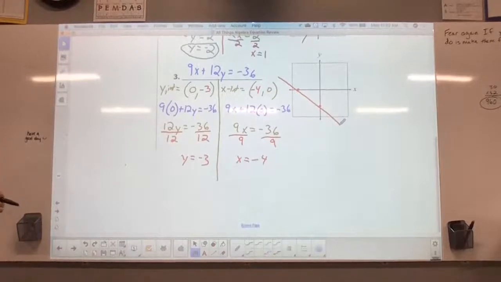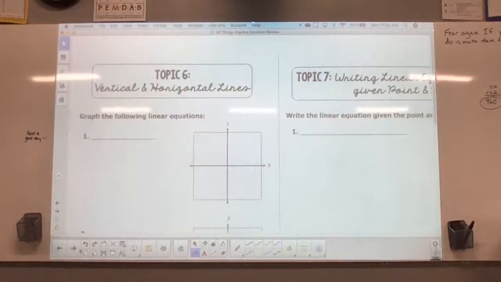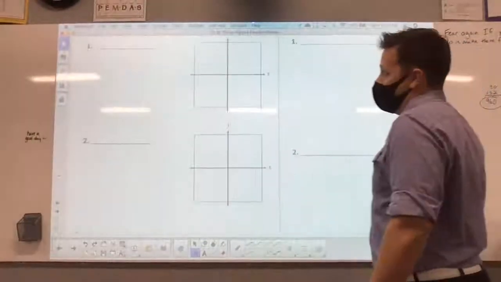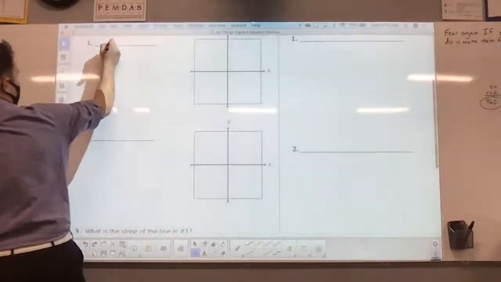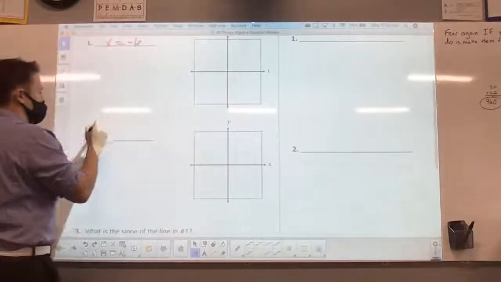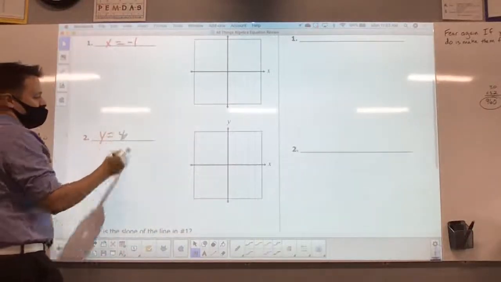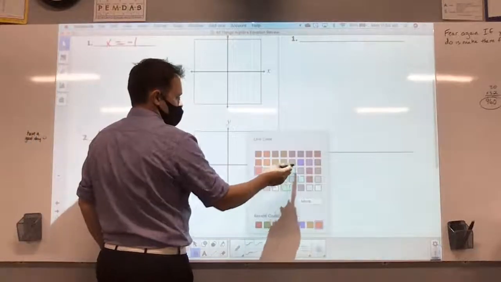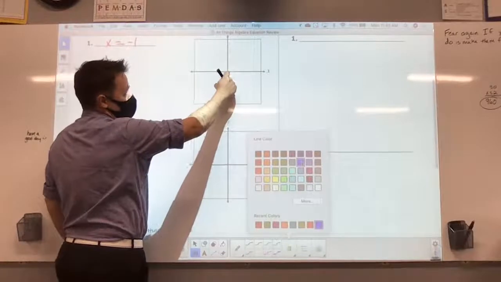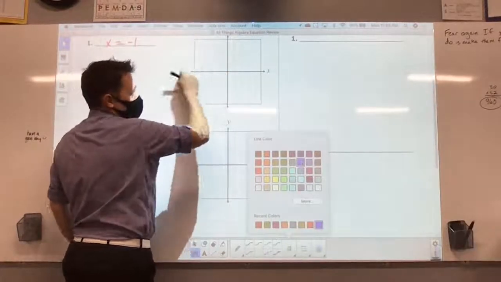Yep. All right, the next little setup, horizontal, vertical, simple enough. Just want to make sure you guys know when x equals negative 1 and then y equals 4, what kind of line is that? So what it means is that when x is negative 1, where's x? It's on this line here.